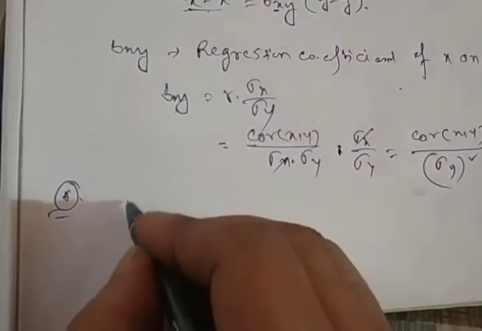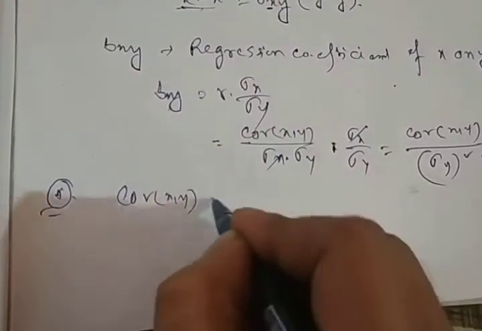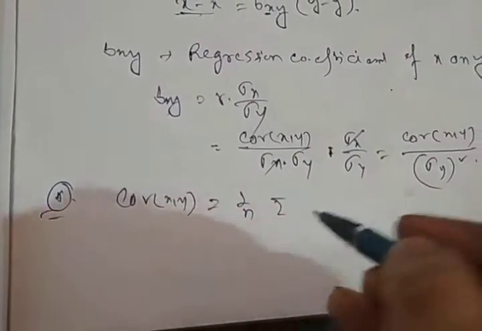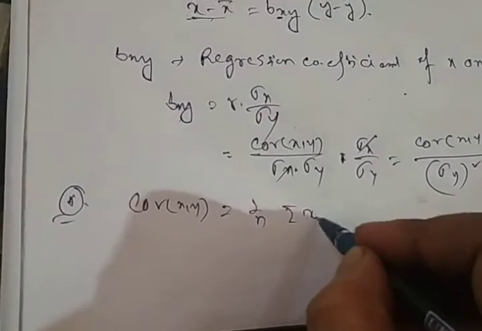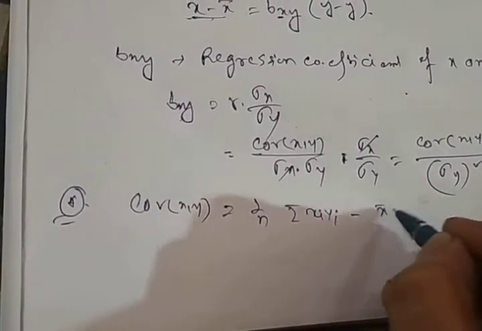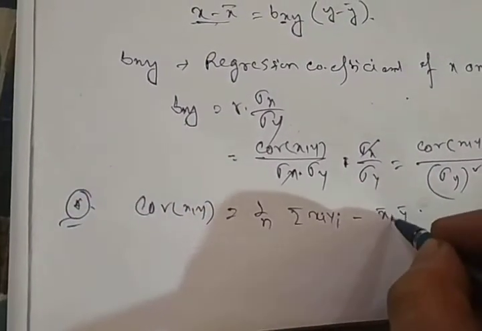By the correlation, we can find covariance of xy is 1 by n summation xi yi minus x bar into y bar.